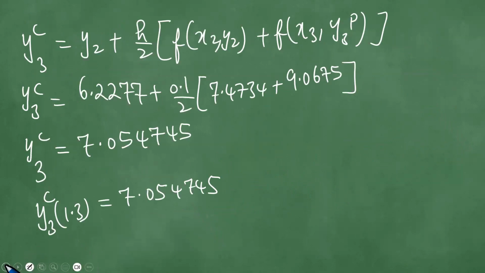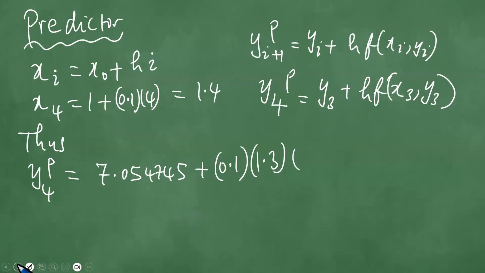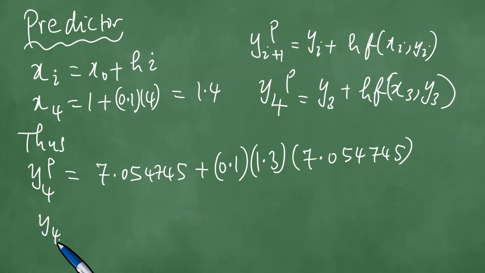It's the same thing we got, the corrector value here, 7.054745. So we just need to compute the y4 predictor.